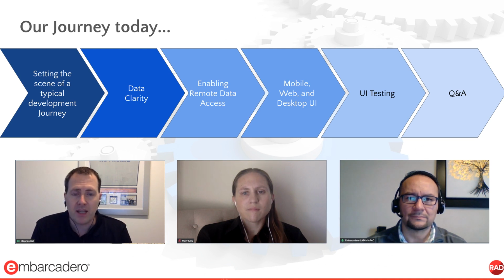And Alex is going to take us through setting that up and making that accessible remotely, and then also looking at mobile and web or desktop UIs to connect to that data and make it simple to consume remotely.